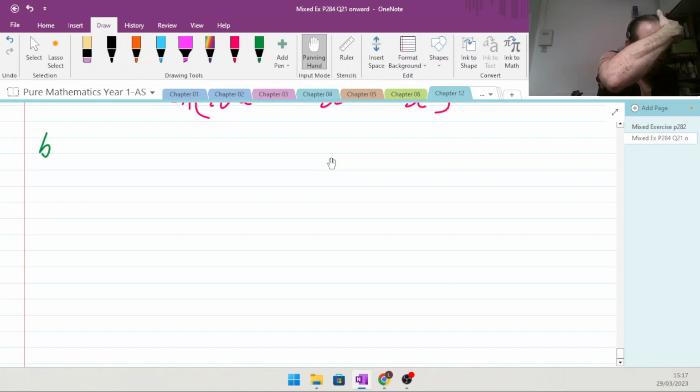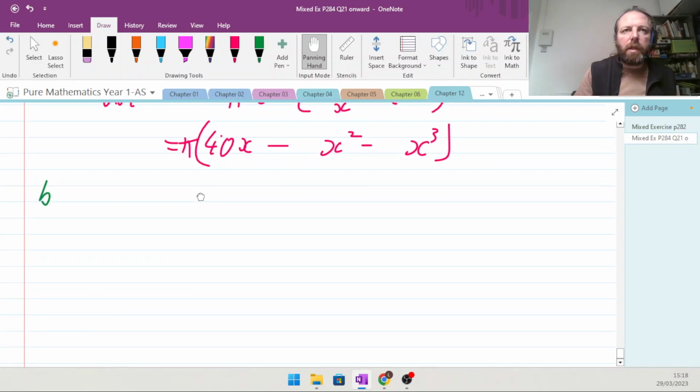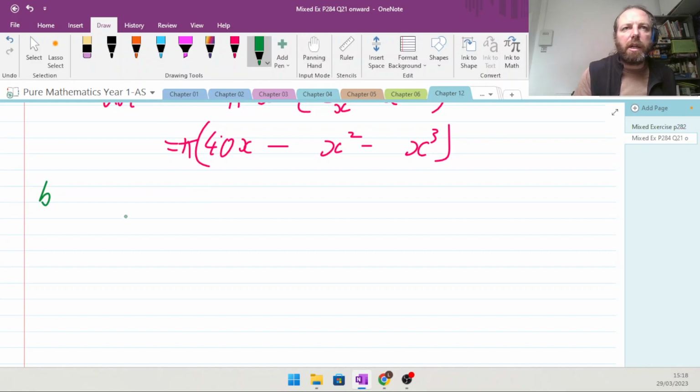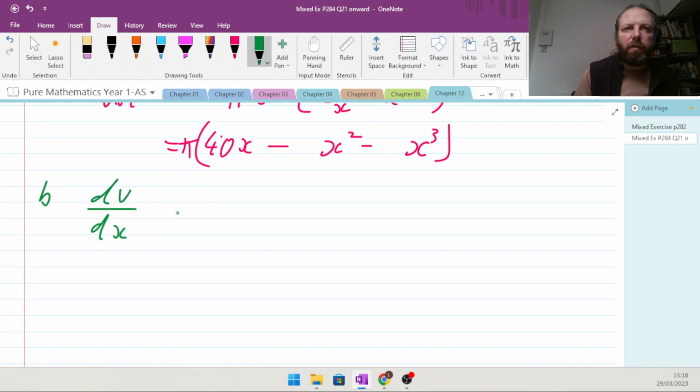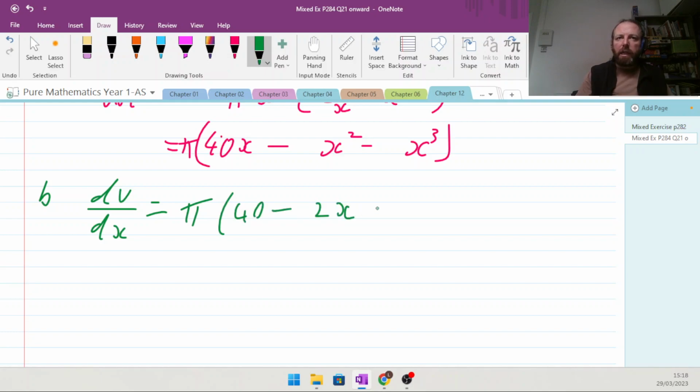Use differentiation to find the positive value for x for which V is stationary. So let's do dV by dx on that. dV by dx of all of that is going to be, let's keep the pi outside, 40 minus 2x minus 3x squared.